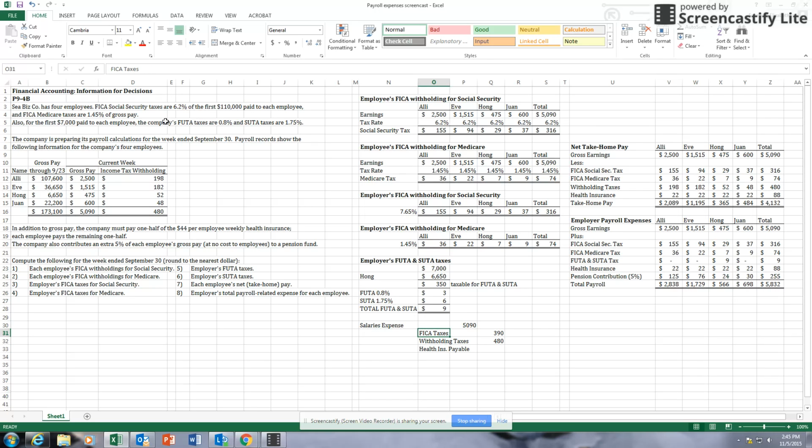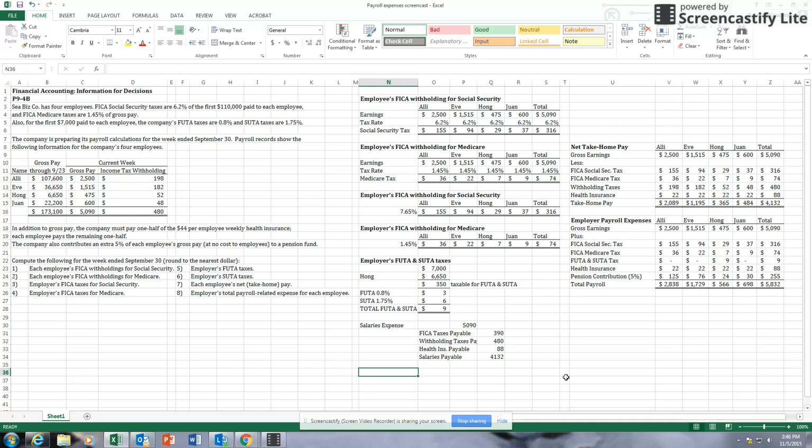And actually, all of these I should have as payable because this is a liability for our employer. And the health insurance payable is $88. And the rest is the salaries payable. This is what the check will actually be. And the salaries payable is this take-home pay amount, $4,132. So that's the first journal entry that our employer would record.